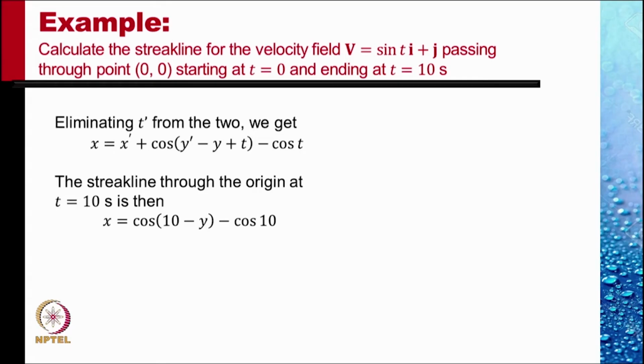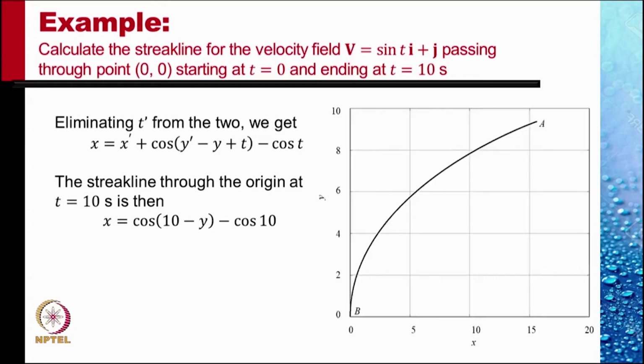And this streak line through the origin at time t equal to 10 seconds is obtained by plugging in the value of t as 10 to get this expression. This is plotted as this. So the streak line for the given problem at time t equal to 10 seconds, which passes through point 0, 0, is this.